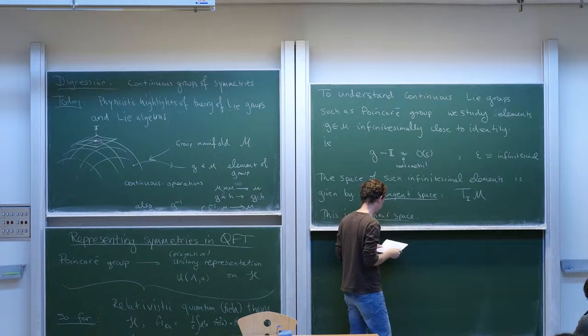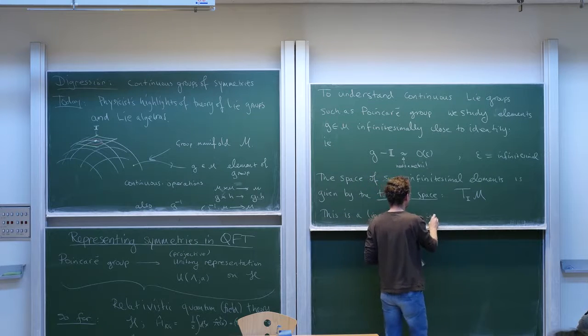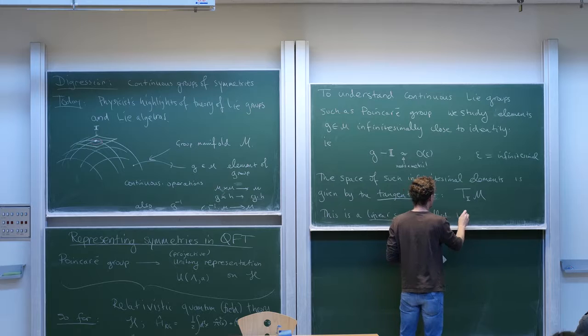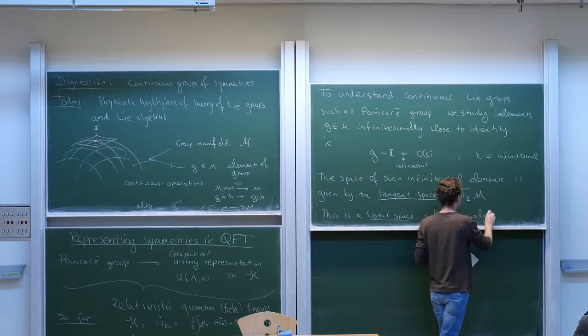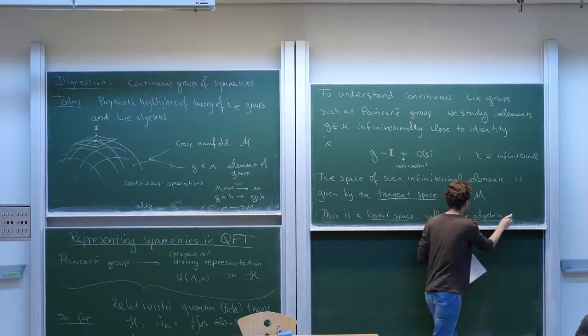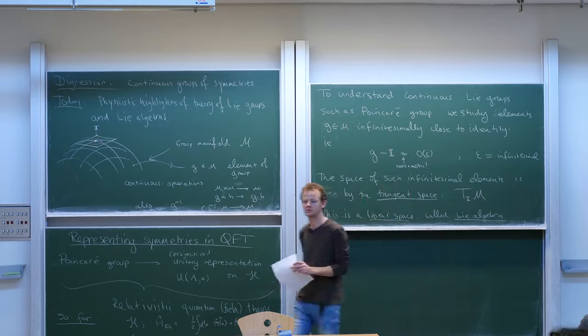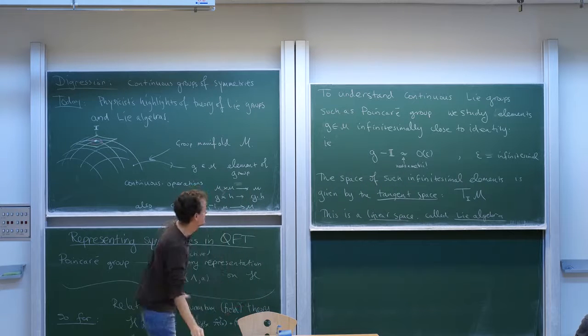This is a linear space, and it's called the Lie algebra. We'll get to the algebra bit later on today.